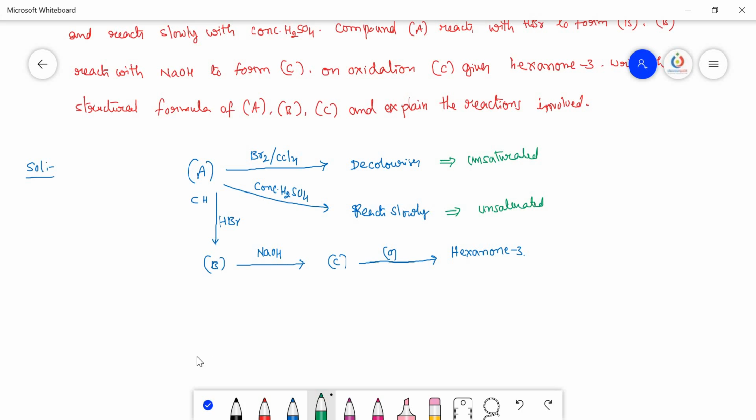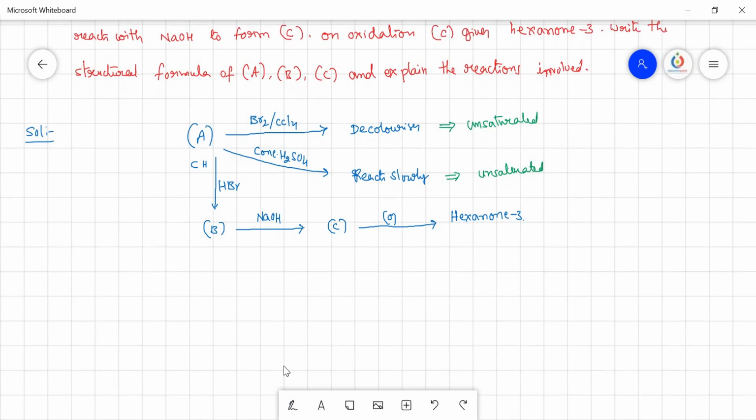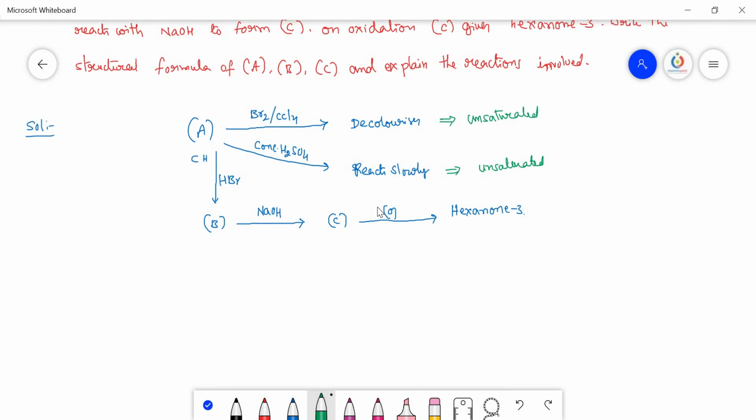Now, in this process there is no opening of any ring, and there is no loss of carbon dioxide, nothing. Whatever the number of carbon atoms present in the final compound will be the same number of carbon atoms in all of these A, B, C compounds.